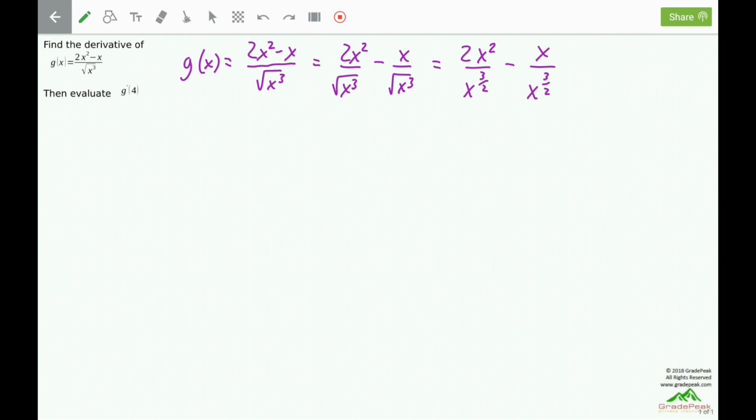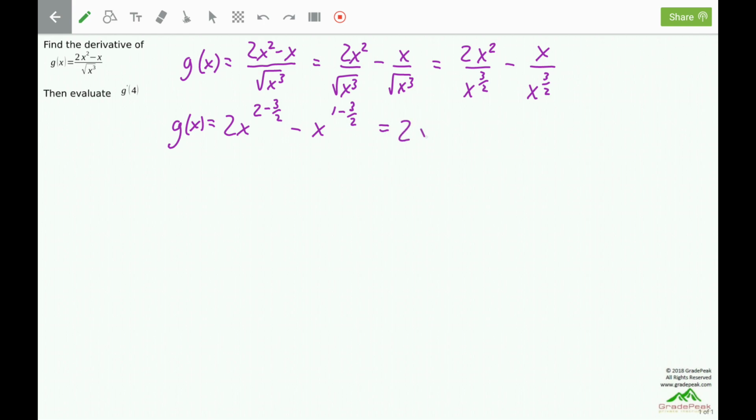We can now divide each of the numerators by the denominator by subtraction of exponents, so that g of x is equal to 2x to the 2 minus 3 halves minus x to the 1 minus 3 halves. The next thing to do is to get a common denominator between the terms in the exponent.